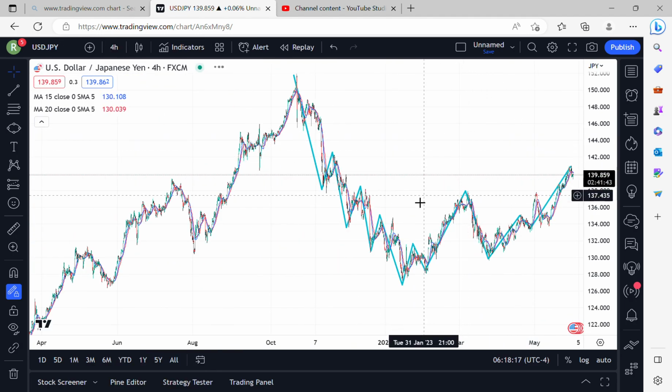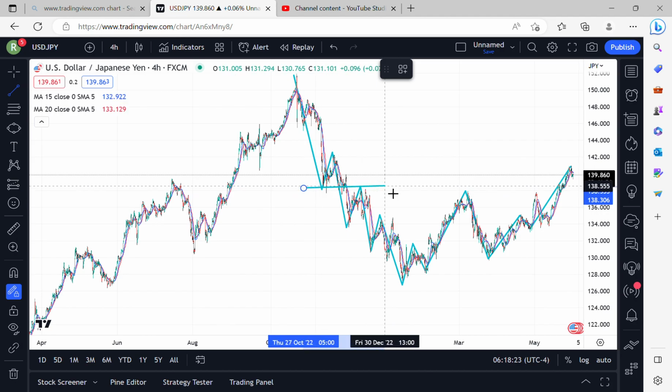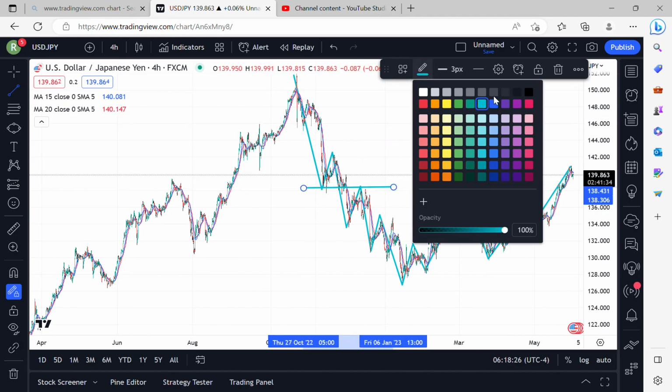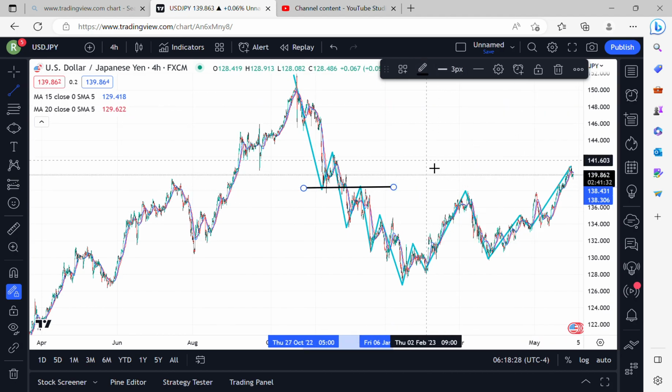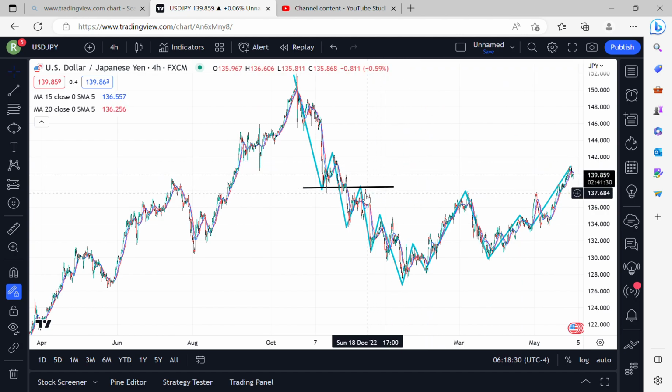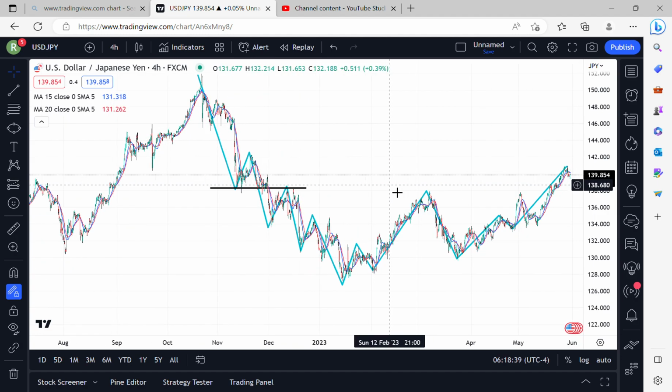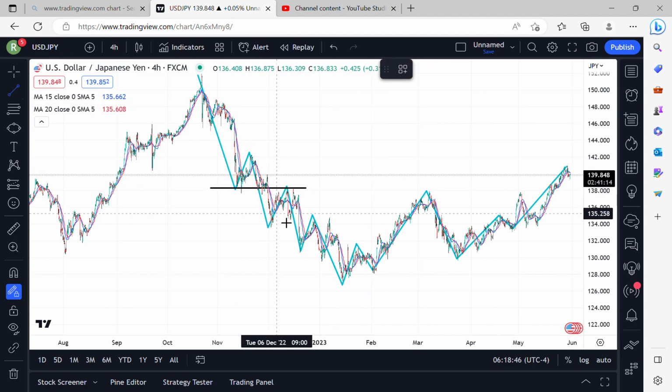See what's going on here. Each time you can pretty much see that. Hold on, let me put it at the black. It respected level after level after level. I know you're like, oh, it's easy to say that because you can see it, but in real time, will the same outcome happen?